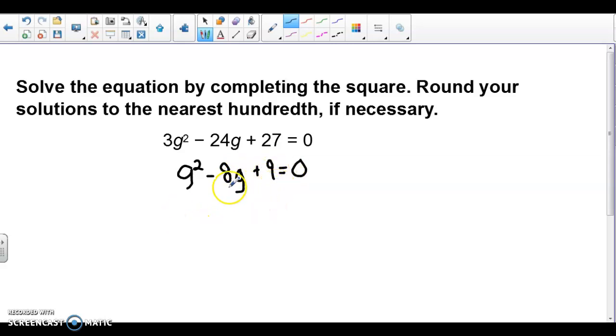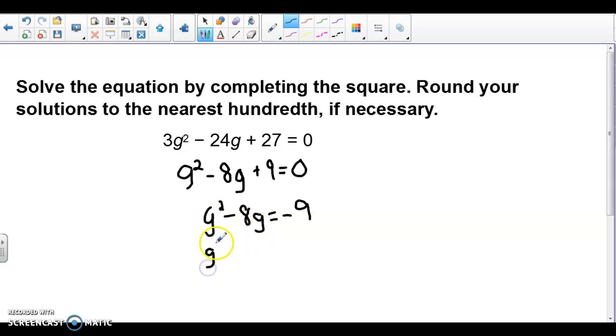We have to get rid of this c value, so we're going to subtract 9 from both sides, giving us g squared minus 8g equals negative 9. So now that we just have x squared plus bx, I know that this is a minus and this is a g, but that's the form that we have here. We're going to take half of our b value and we're going to square it and add it to both sides.